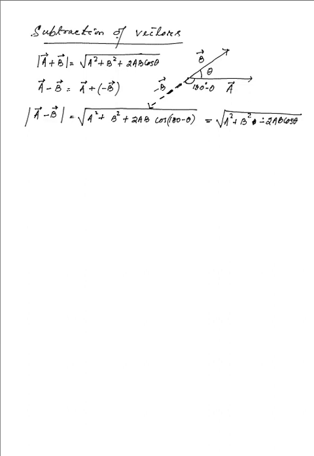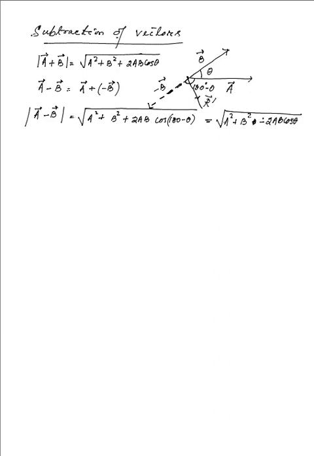With that being the magnitude of A minus B, we can obtain the direction as well, and as you know, we have a formula for obtaining the direction of the vectors. Suppose I draw it over here, the resultant is along this line, like this is the resultant.